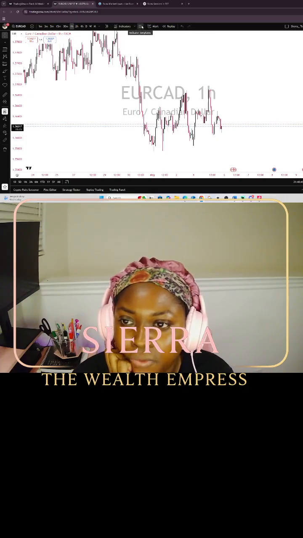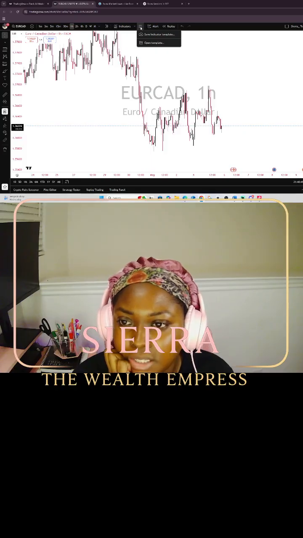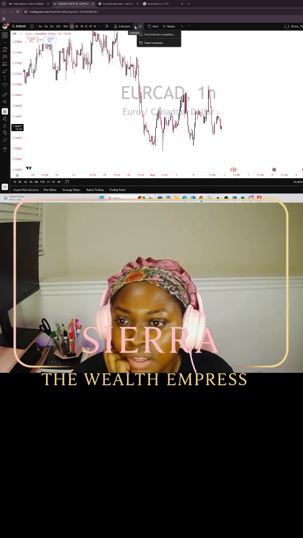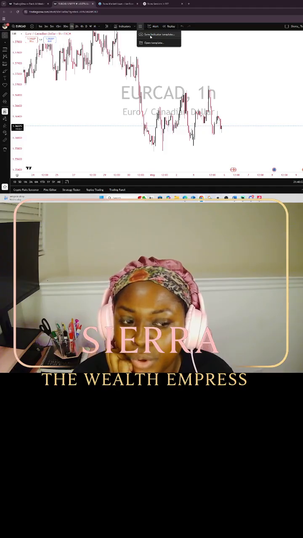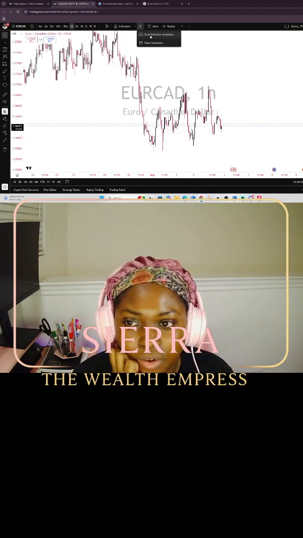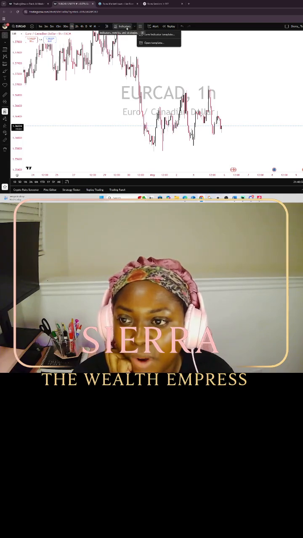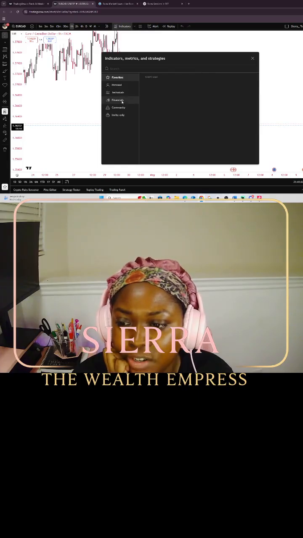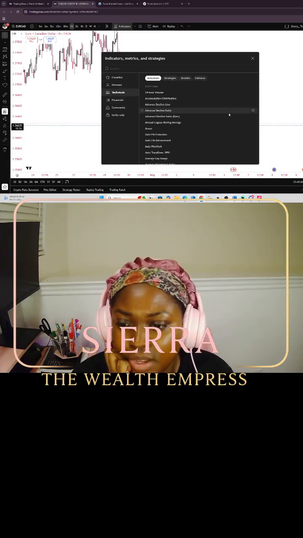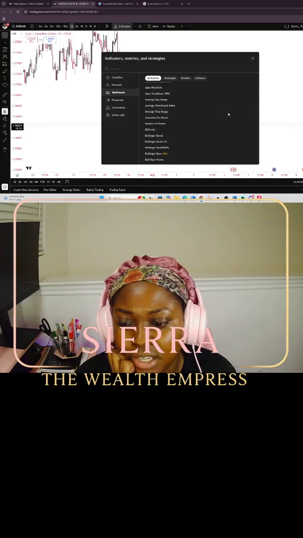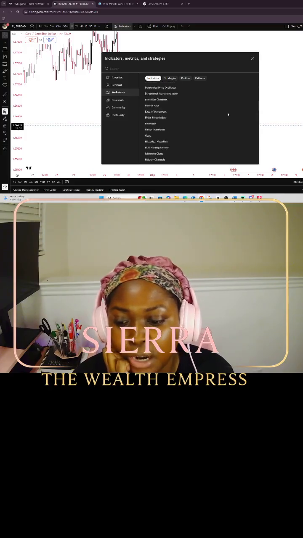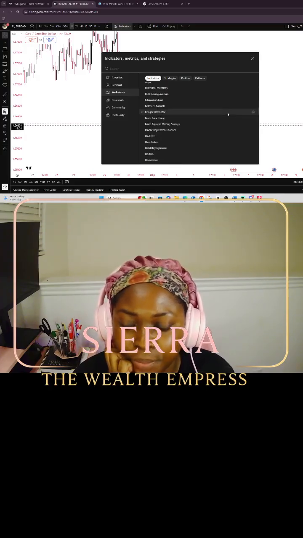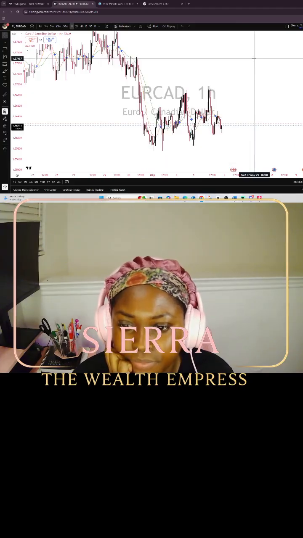All right, so these 4 squares right here, they're indicator templates, all right? And that's just if you create an indicator, okay? This right here next to it is where they house all of the indicators, all right? So there's 20,000 indicators. The main ones that a lot of people use are volume and these moving averages, okay?